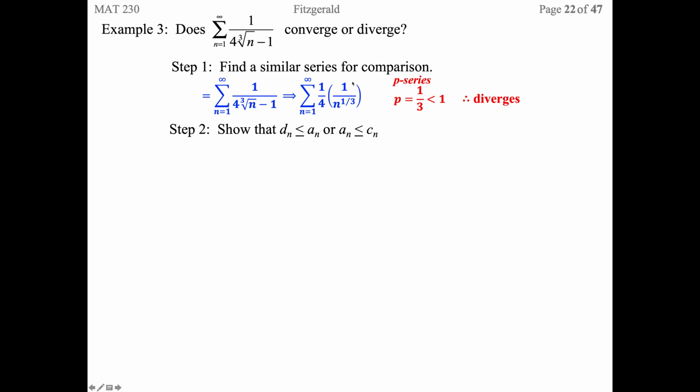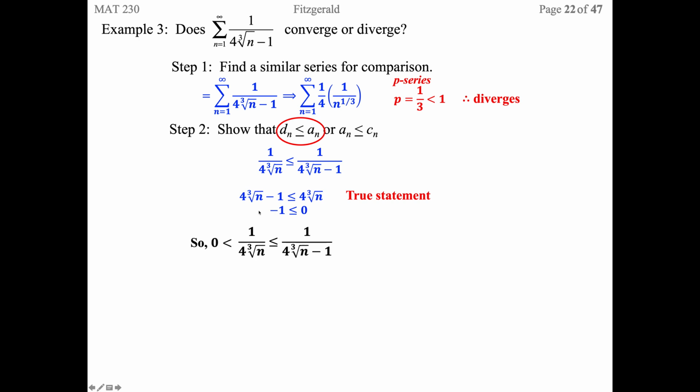Okay, so now we have to use this form of our inequality. Take our similar series, 1 over 4 times the cube root of n, and say it's less than or equal to our original sequence. Well, it's good they both have 1's on the top. Quick cross multiplication. And we subtract over the 4 times the cube root of n to both sides. We get -1 is less than or equal to 0, which is definitely a true statement.